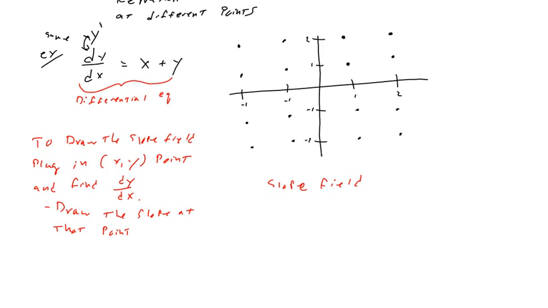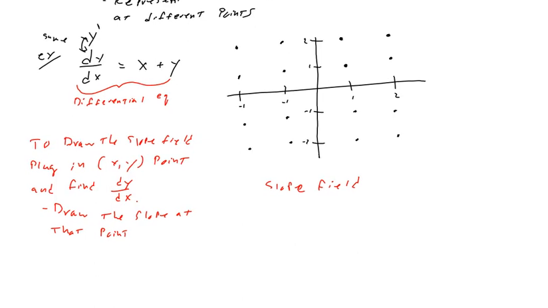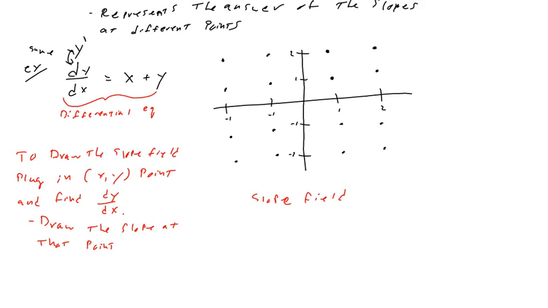So for example, let's do the point 1, 1. To draw the slope field, plug the x, y point into the differential equation. You're plugging in the x and the y, and you're going to get a slope, an answer for what the derivative is at that location in the graph.